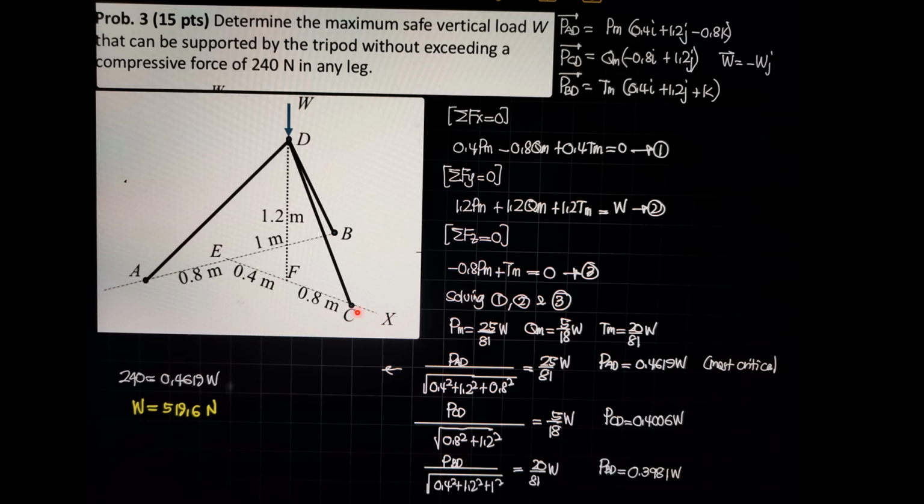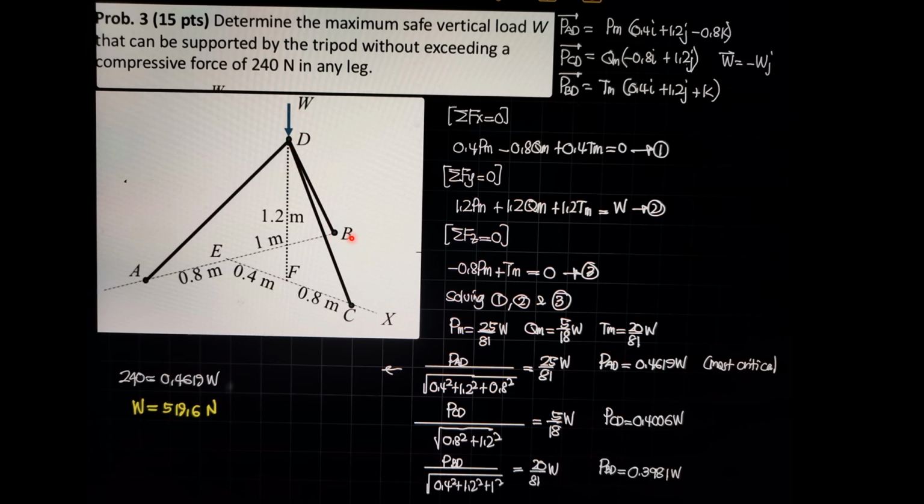PCD, which is from C to D, is directed to the left, so negative 0.8i, and upward 1.2j. I'll call the force multiplier Qm. So Qm times negative 0.8i plus 1.2j. Then the W is simply negative magnitude Wj in vector form.